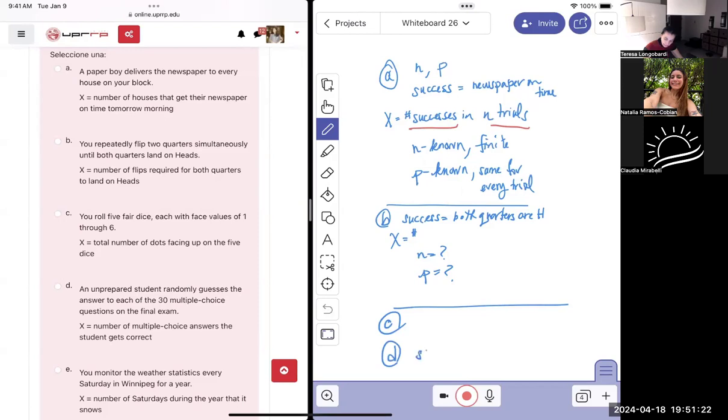For this one, success is equal to a correct guess on a multiple choice exam where they don't know anything.